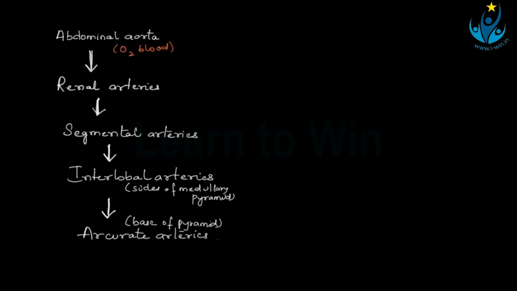They will branch into tree-like structures which are called the cortical radial arteries. This cortical radial artery is specifically present in the cortex region.